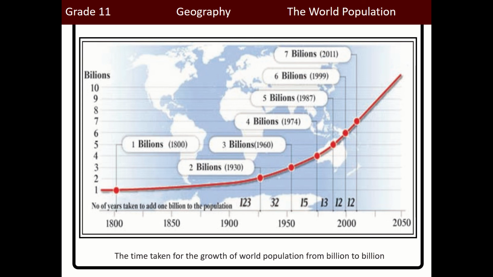The time taken to double the population is also reducing notably. It is clear that it has taken 123 years to increase 1 billion of population to 2 billion. After that, the time was reduced notably.